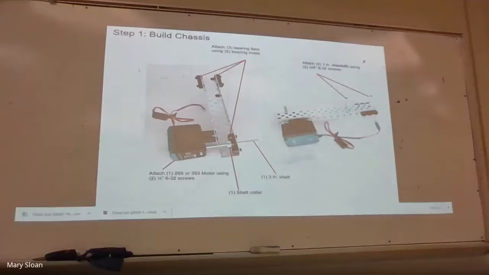So now I need to take my negative wire, and I can use it anywhere here I want.